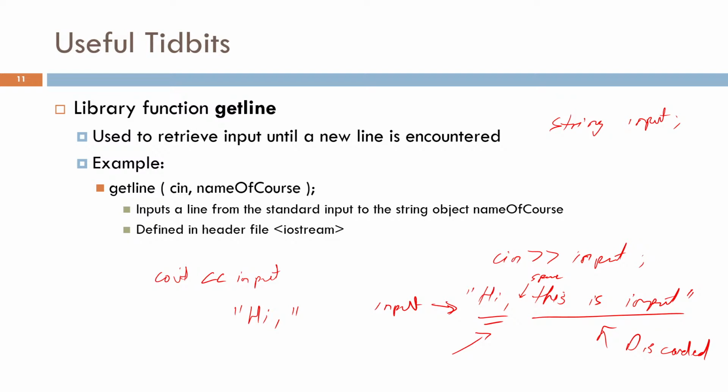Everything after the space, it doesn't see at all. It's just going to discard it entirely. So once we output that input string, all we're going to get is just hi, comma. And that's just how cin works. It does not see spaces. So if you do have a string with spaces, and it's generally better practice, use the getLine function. It will get all the spaces in the string no matter what.